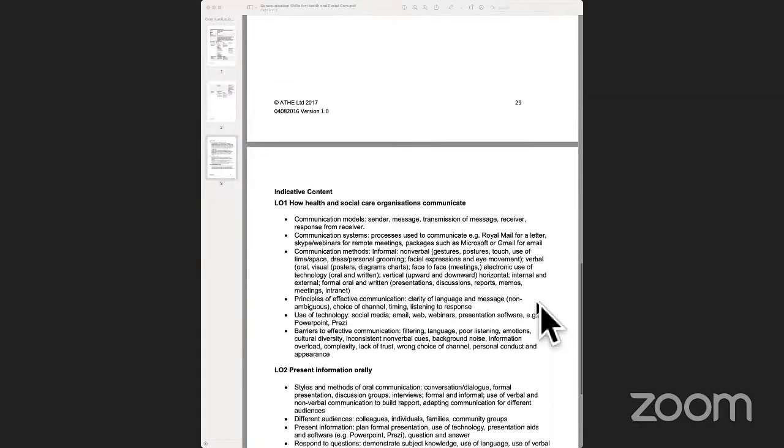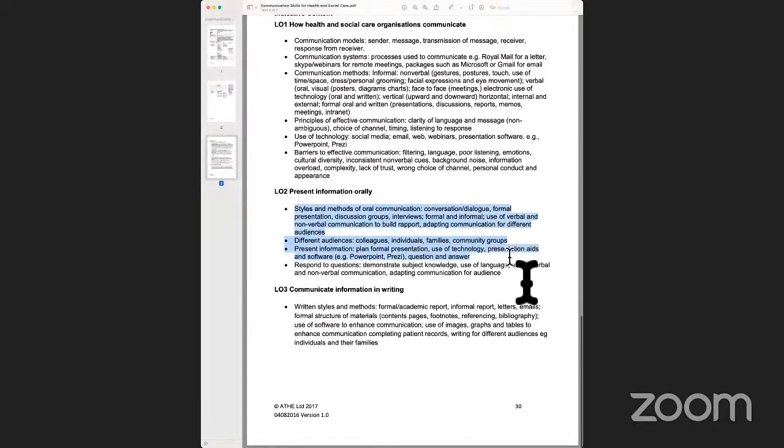Now, in terms of the content, we've got a fair bit to cover in Learning Outcome 2, which means we are looking at styles and methods of oral communication.